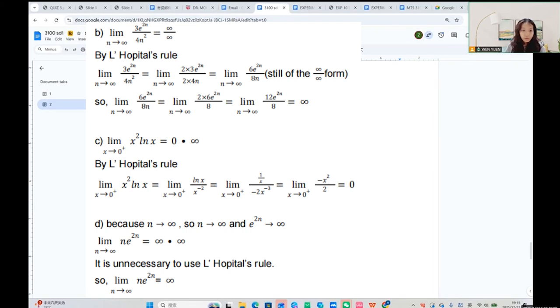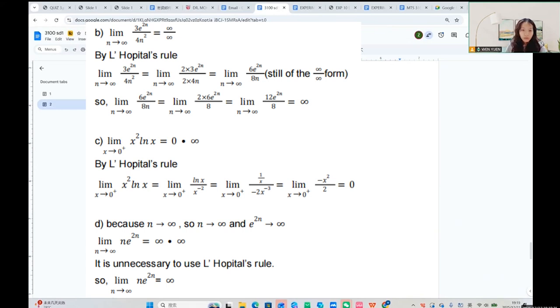So for the third example, find the limit of s squared times the natural log of s as s approaches 0 from the right. This gives 0 times negative infinity, which is indeterminate, so we can rewrite it as the natural log of s over s to the power of negative 2, which is infinity over infinity.